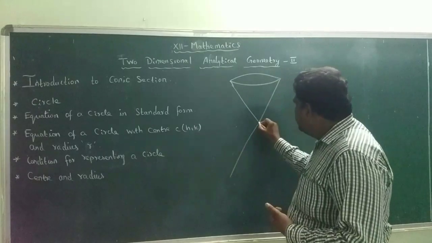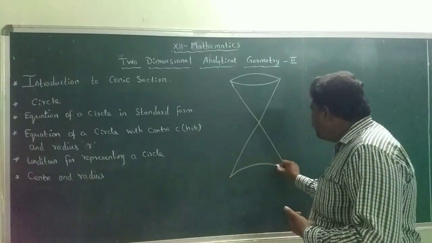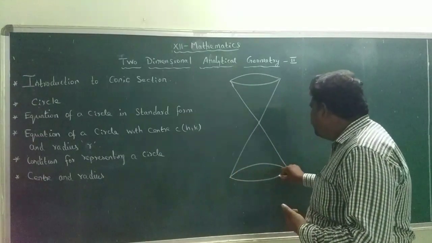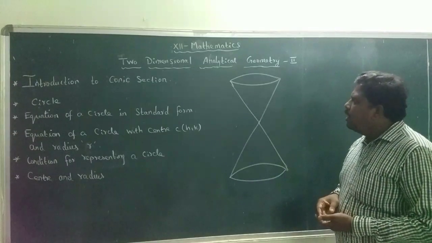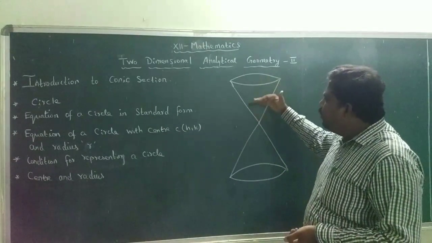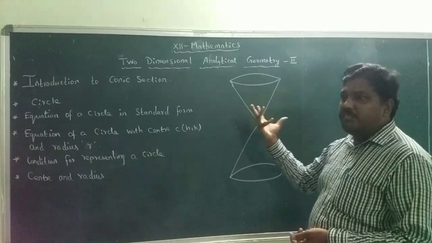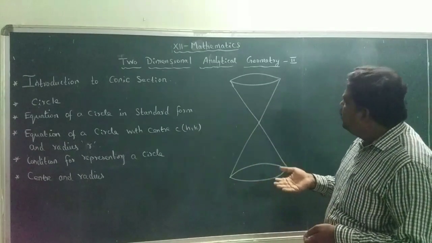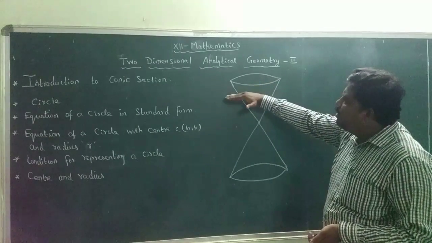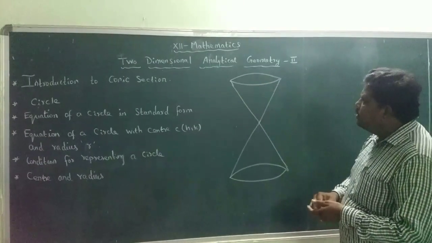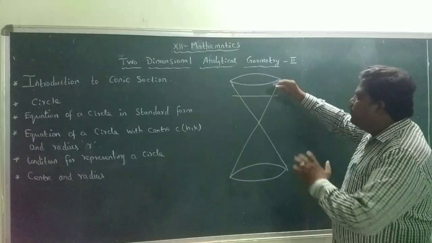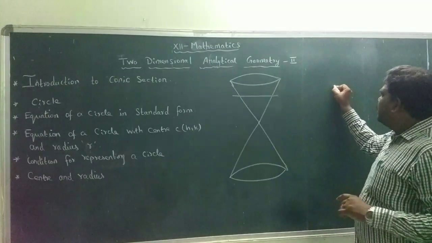This is known as a double napped cone. If you cut the double napped cone at different angles, according to the slicing, you can get different shapes. For example, if you cut the double napped cone parallel to the base, suppose if you cut here, if you turn this shape, you can get a shape as a circle.